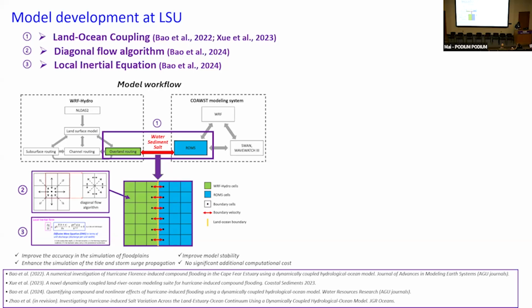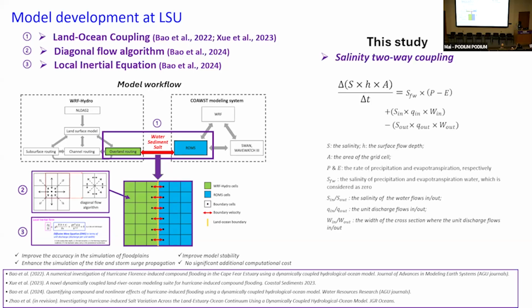Specifically in this study, I introduced a salinity module into the overland routing in the hydrological model to simulate salinity dynamics on land and land-ocean exchange. In this module, I implemented a mass balance equation, considering all the vertical and horizontal fluxes of salt to simulate salinity across the land-ocean continuum.